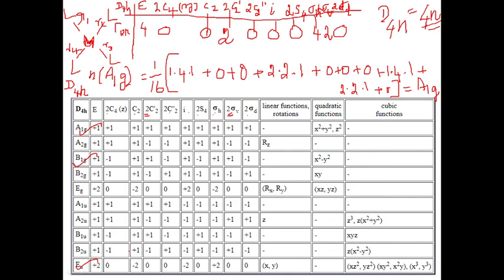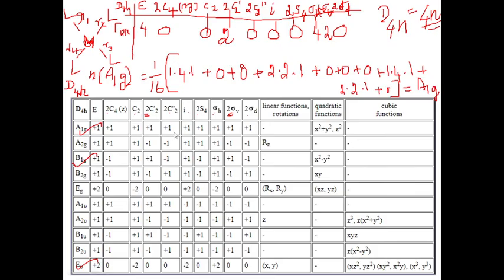So what you can get now, my gamma sigma is equal to A1g plus B1g plus Eu. So these are my irreducible terms.